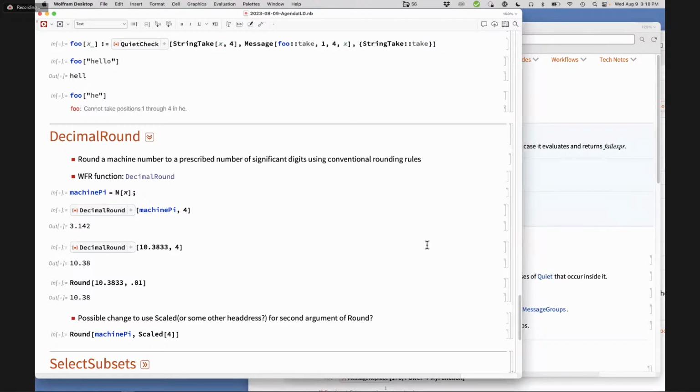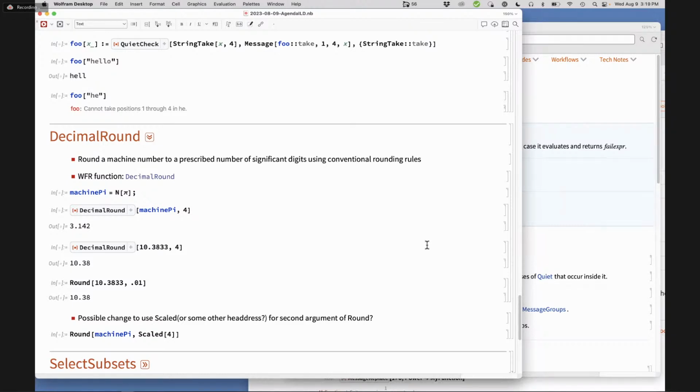So this next one is a variation on round, where rather than giving an absolute value you're rounding to, we're giving a number of significant digits. You know, the common idiom of round this value to 4 digits. It's fairly popular in WFR.